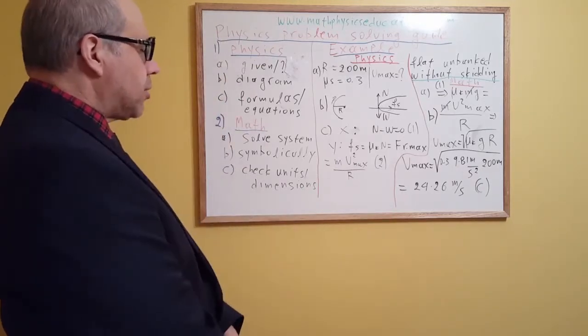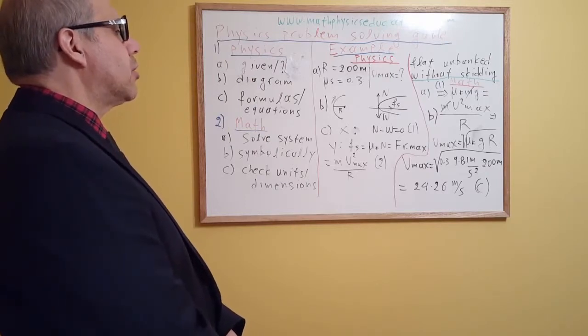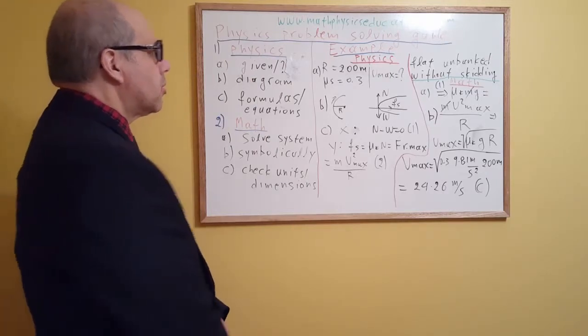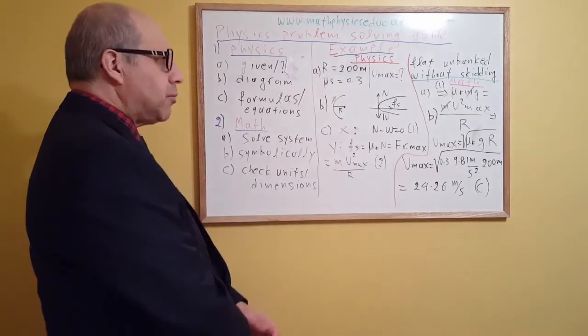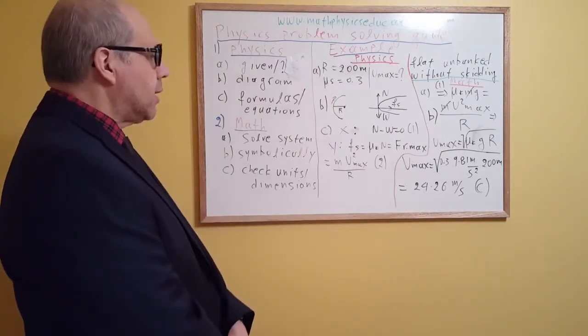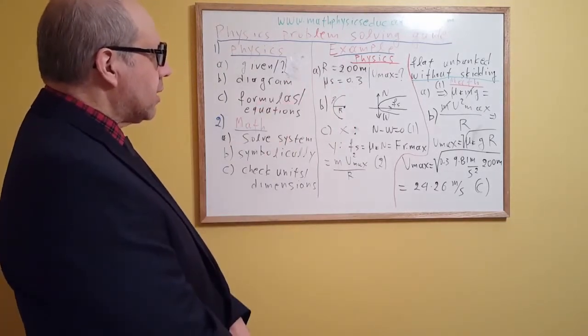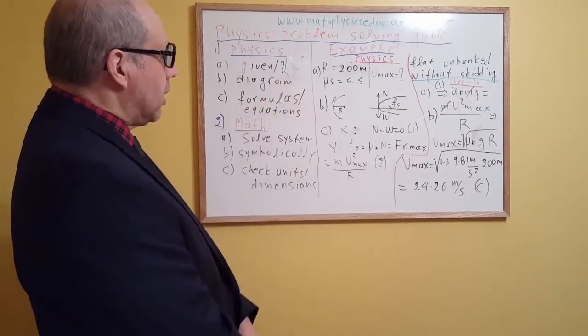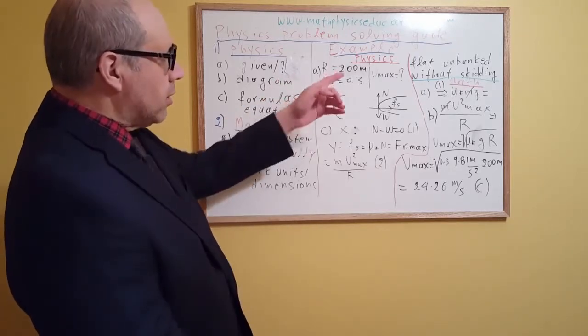So these are the steps, and now let's go and do an example. So what's the example here? The example is that we have a car that is running into a curve of radius 200 meters.